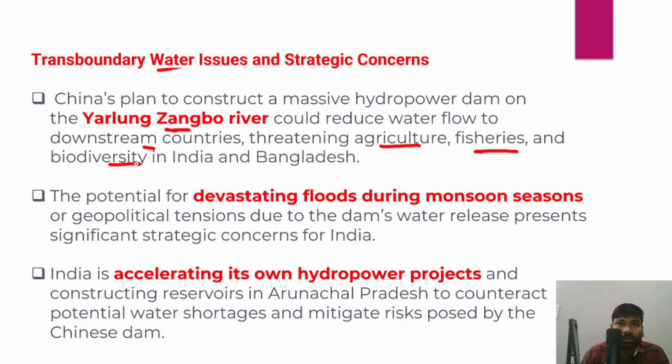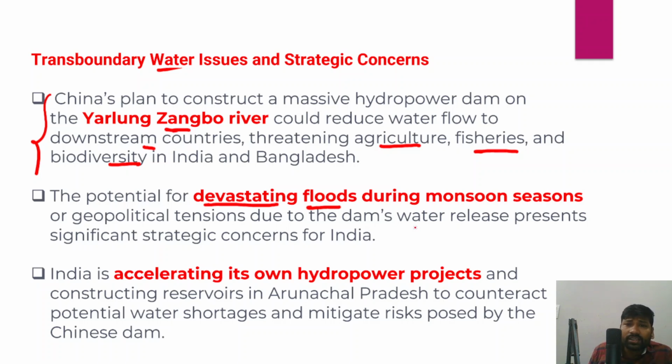So availability of water would be under question, and the livelihoods of the people and the settlements across the Brahmaputra river, because if China suddenly releases an excess amount of water, that would increase the vulnerability of those areas to floods as well. There is the potential for devastating floods during monsoon seasons or even during geopolitical tensions, when China may release excess water downstream and create a flood-like situation.